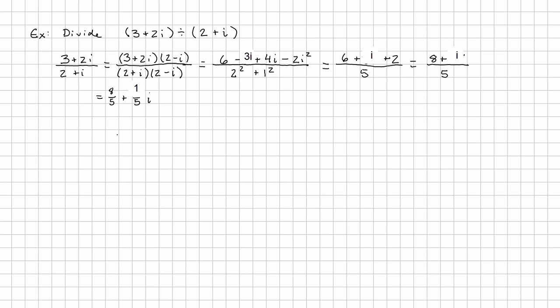When we want to write a complex number for our answer, we want to write it in the form a plus bi, so that we can just look at it and see what the real part is and what the imaginary part is. Okay, I'm going to let you try one of these now. Take 6 minus 4i divided by -1 minus i. Pause the video and try this now.